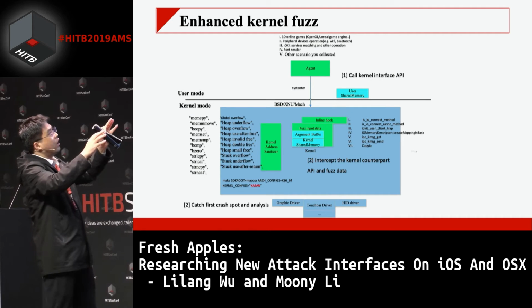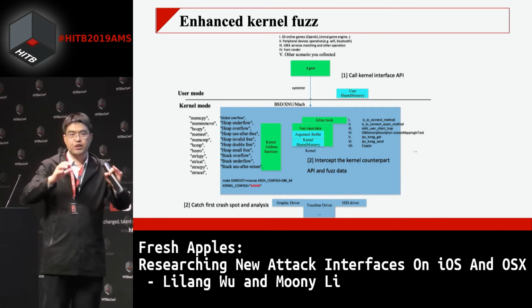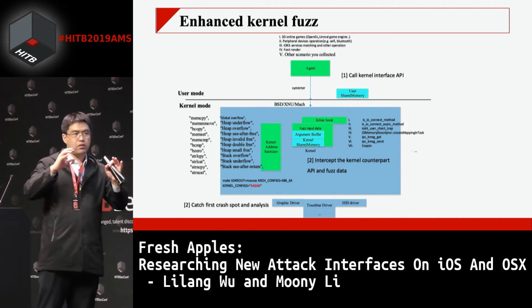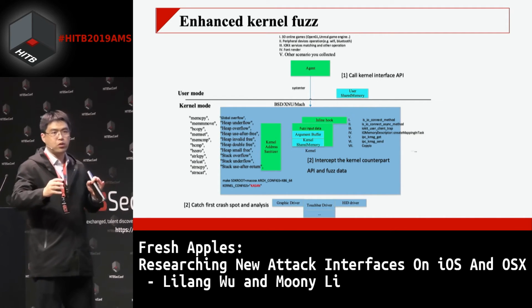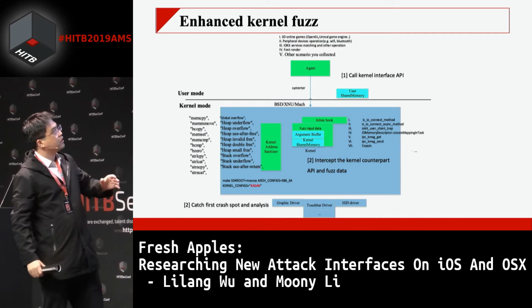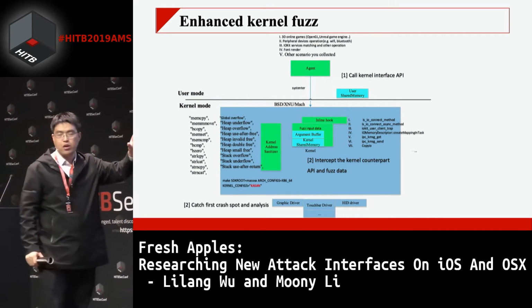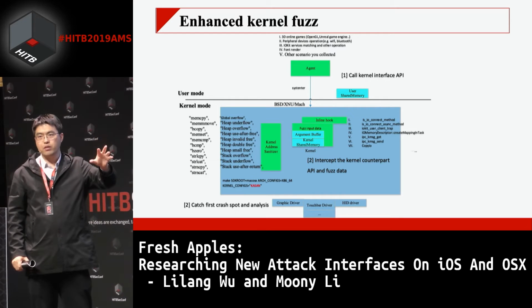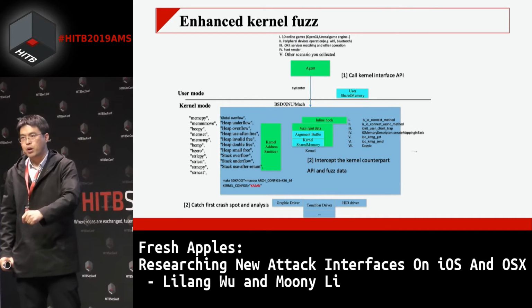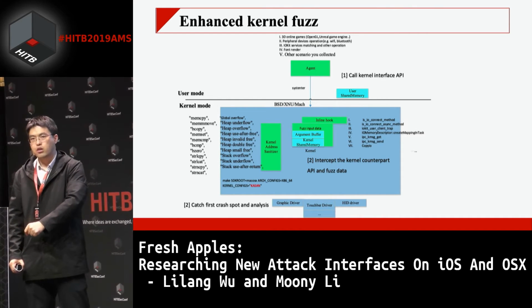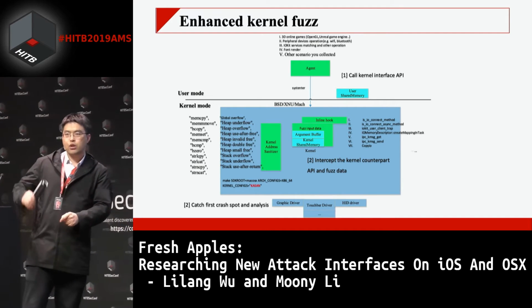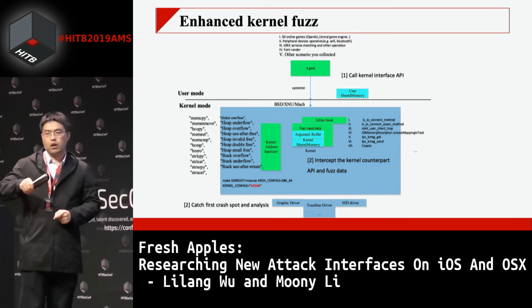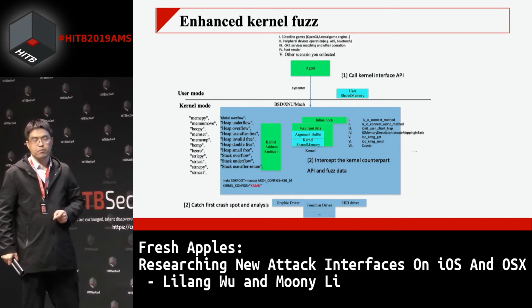So once the data flow is transferred from the user mode agent to the kernel, in our inline hook point, we can fuzz and taint the buffers which could be directly controlled by the user mode. This kind of tainted buffer could be delivered to the deeper code coverage of the kernel execution or the driver execution, so that we have a chance to crash the kernel with our tainted buffers.